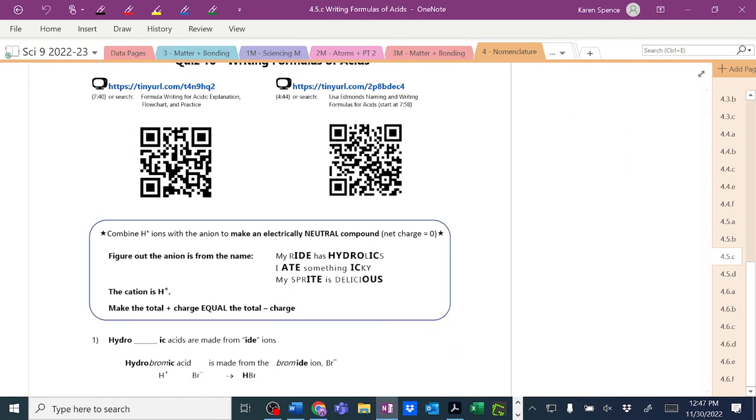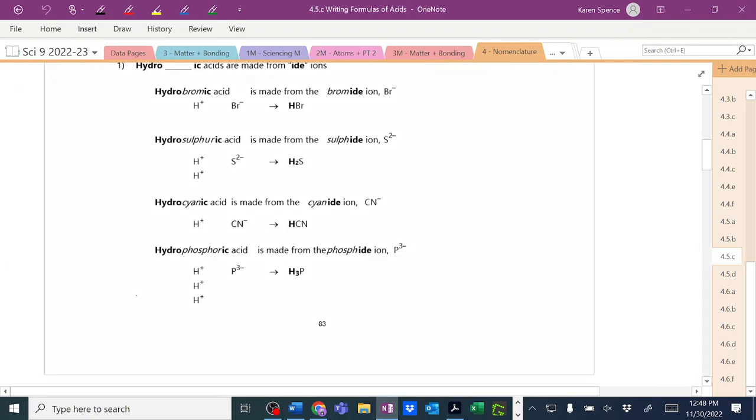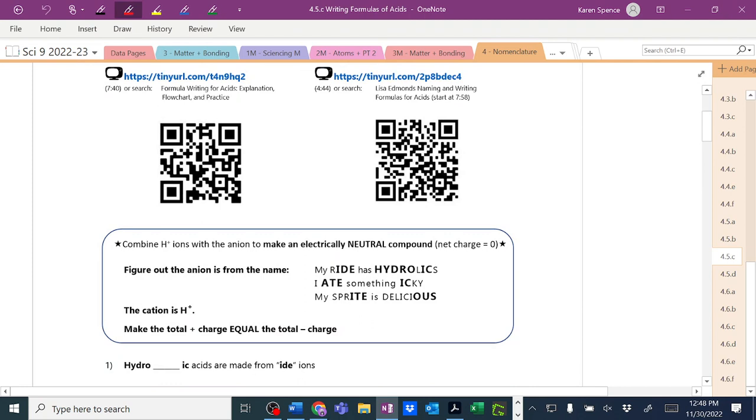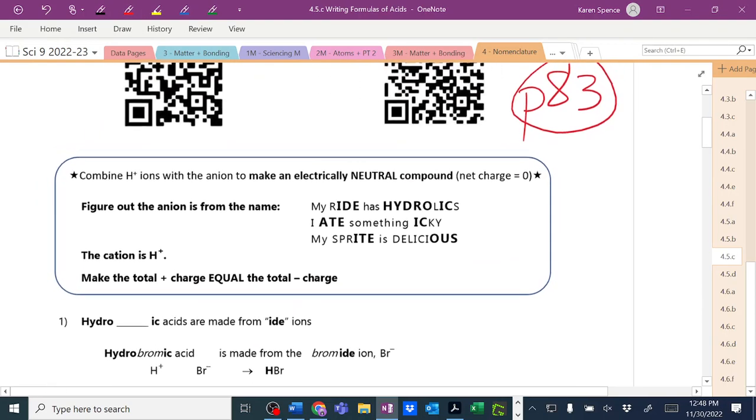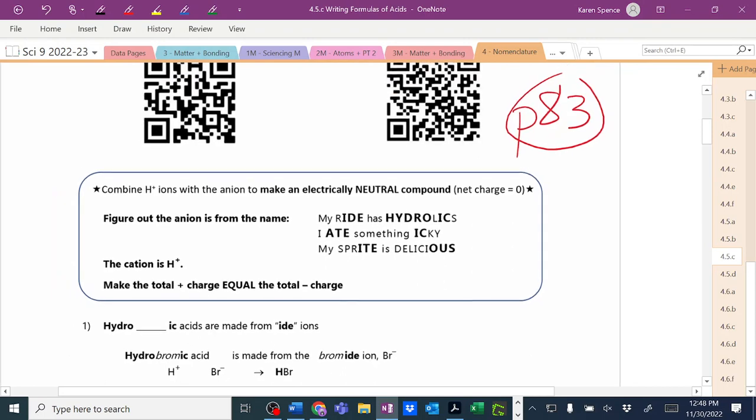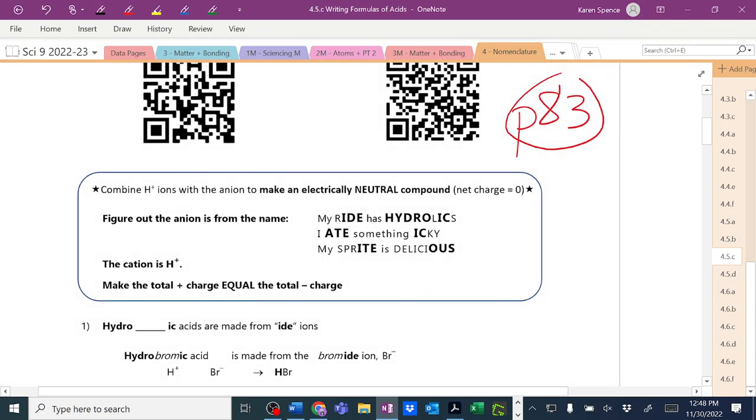I will also, should we just do a very quick thing of how to write the formulas? And then I can just send you on your way to do practice and stuff? Okay, this is page 83. What you need to know is that the hydrogen ion is H+.